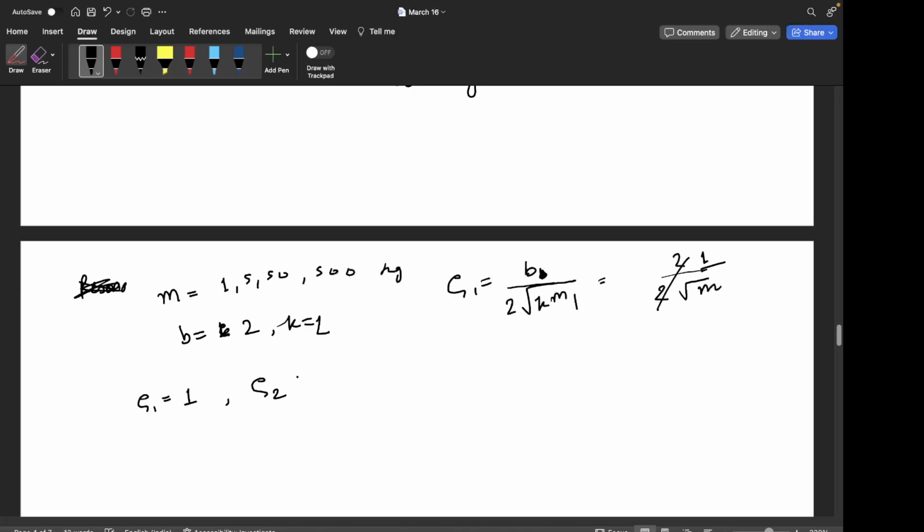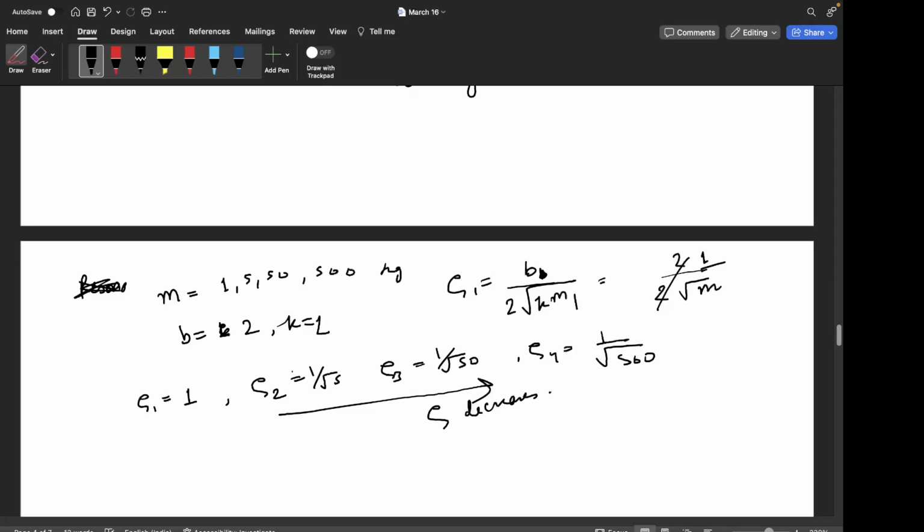Xi2 will be 1 by root 5, Xi3 is 1 by root 50, and Xi4 is 1 by root 500. What we see is that the Xi value is decreasing. Xi decreases, which means that omega d increases, right?